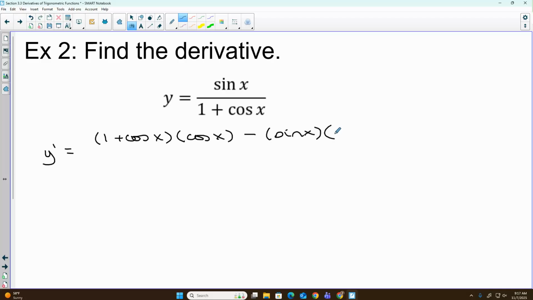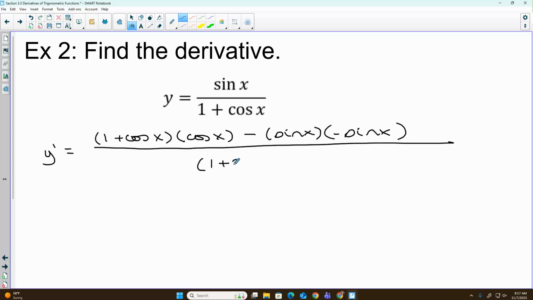So derivative of the bottom, you have to go term by term. The derivative of 1 is 0, plus the derivative of cosine, negative sine. So we just get a negative sine x over low squared.